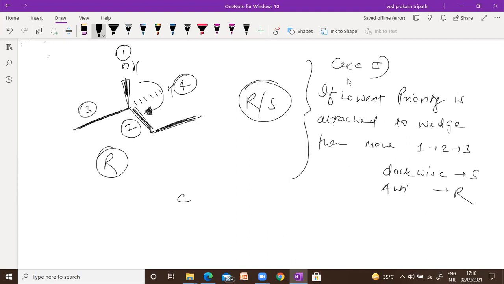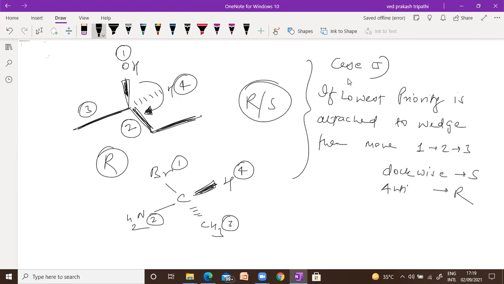Suppose we have this one. So you can see bromine is your 1, nitrogen is your 2, methyl is your 3, hydrogen is your 4.